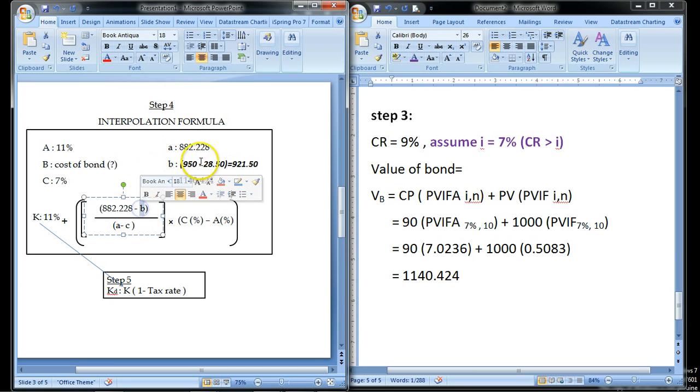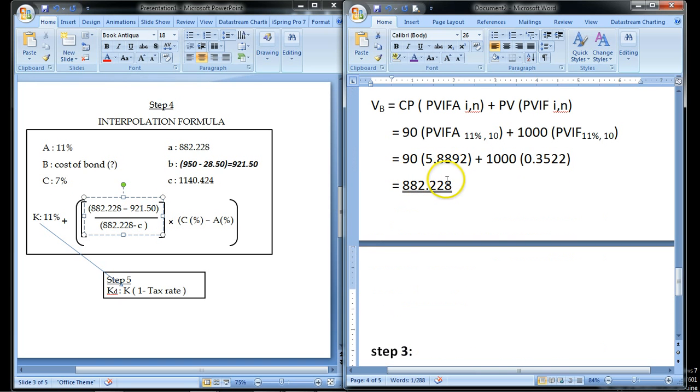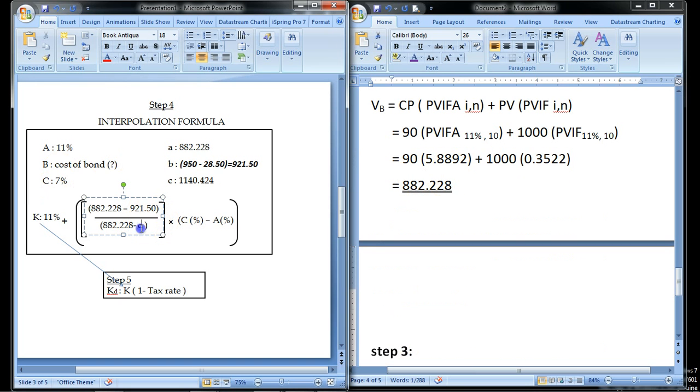B is from here, right? 921.50, and your A, repeat back, is from 882. You see, it's simple, class. You only write it back. Clear? Is it true just now? Yes, correct. So what is your C just now? 1140.424. I get it from where, class? Perfect. I get it from here.